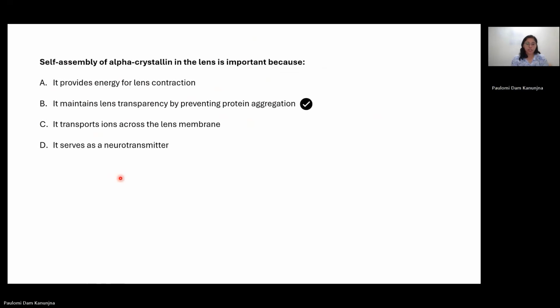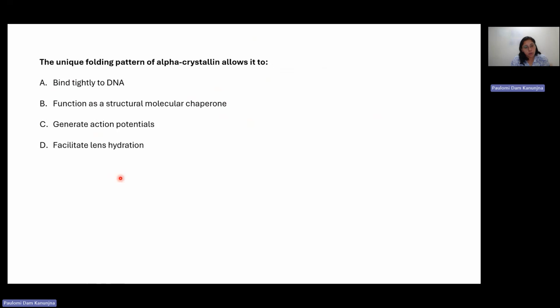Okay, right. Next one. The whole idea here was the unique folding pattern of alpha crystallin, which allows it to do what? Does it allow it to bind tightly to DNA, function as a structural molecular chaperone, generate action potential, or facilitate lens hydration?